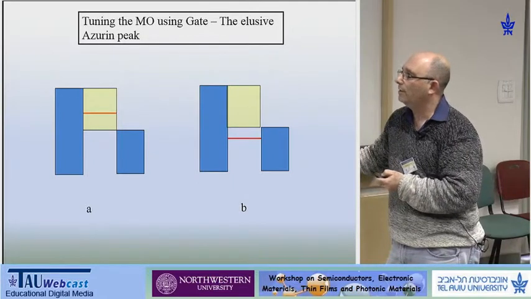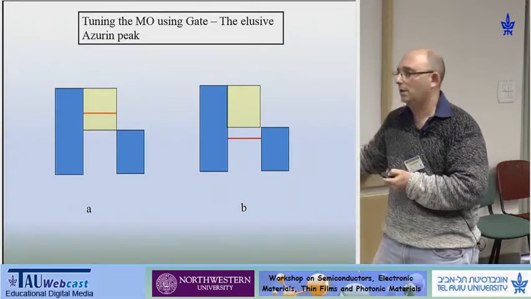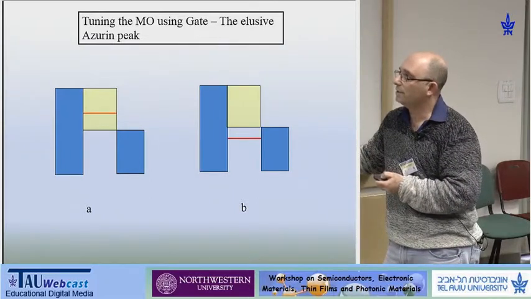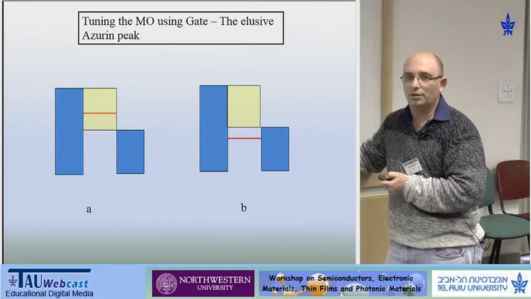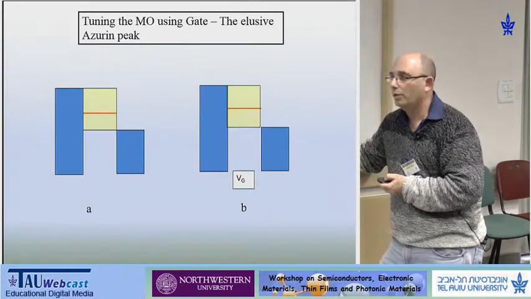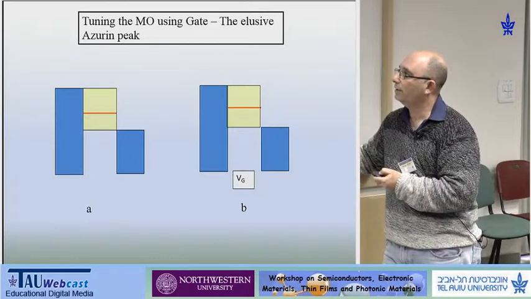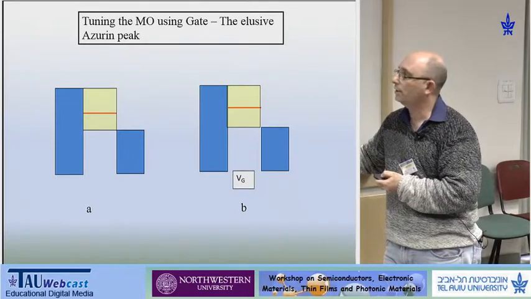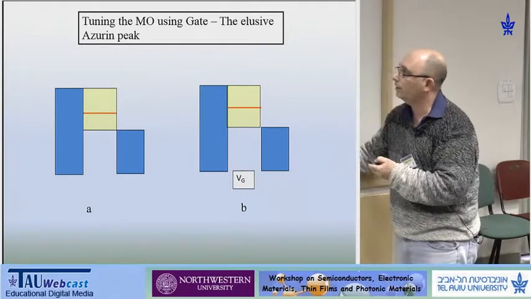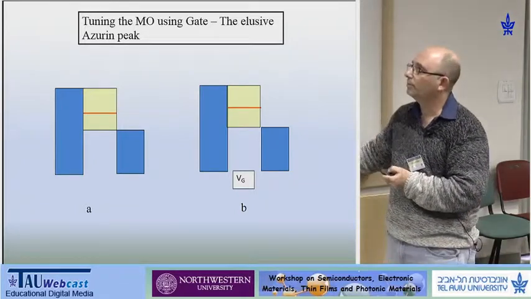And the other group, because of the conditions of the experiments, didn't see this NDR peak. So by tuning the energy level inside this Fermi window by means of the V-gate, we could compensate and try to see it at different potentials inside this energy gap. So this is what we did.